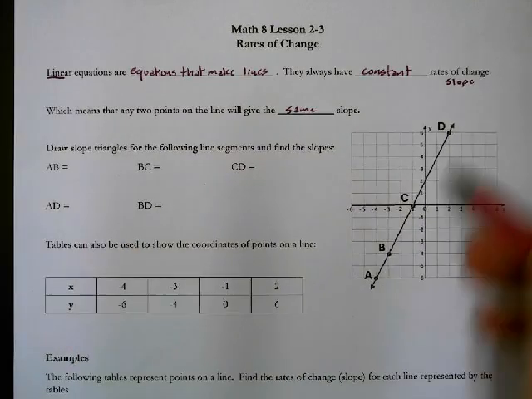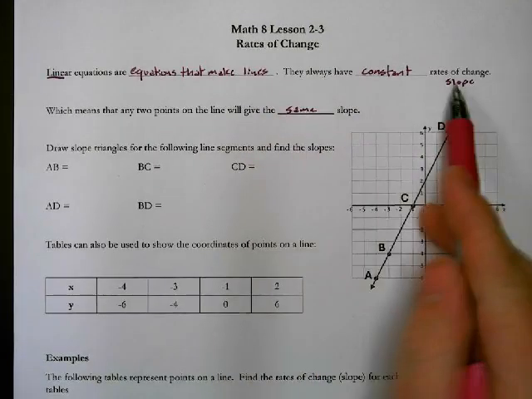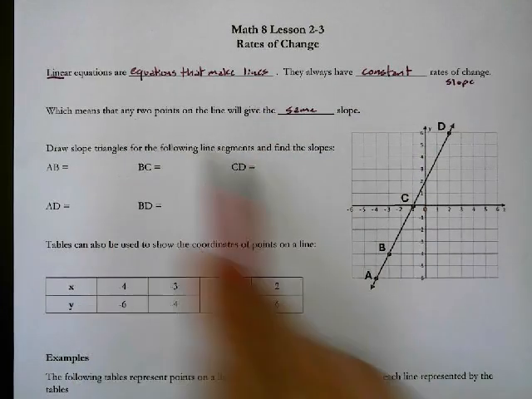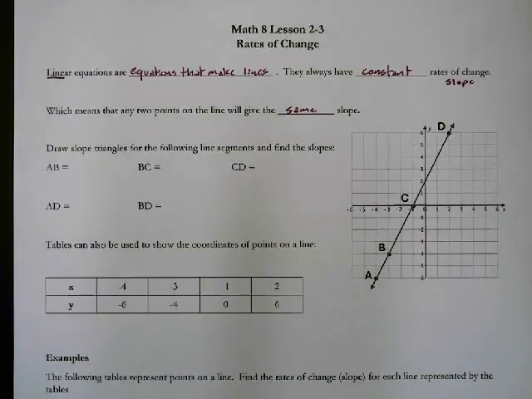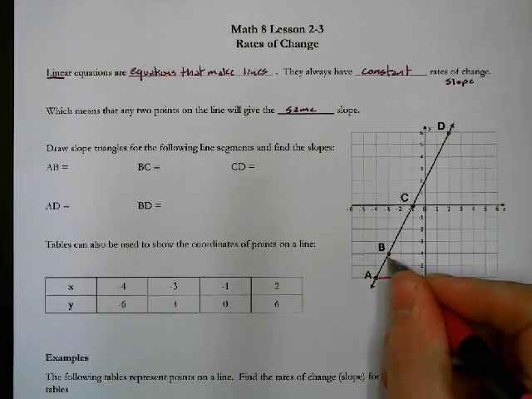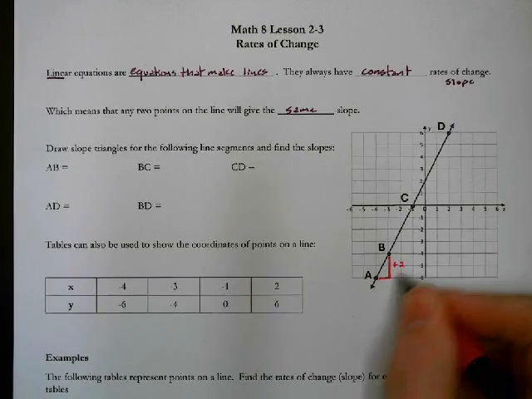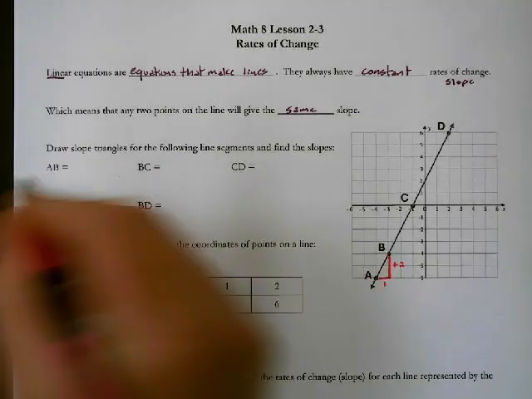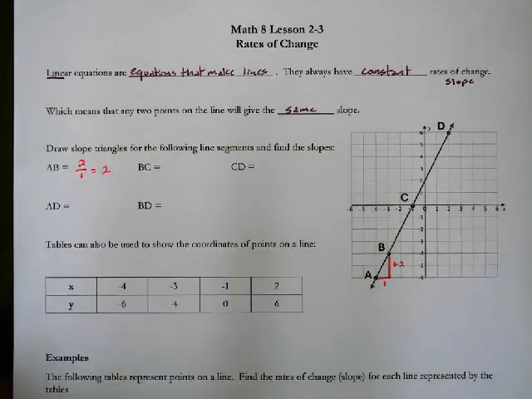We've got a line, so it should have a constant rate of change, meaning any 2 points should give me the same slope. I've got 4 different points on a line. Let's find slope triangles for these points, A to B. Looks like the y value is increasing by 2, while the x value increases by 1. So AB is 2 over 1, or just 2 for our slope.